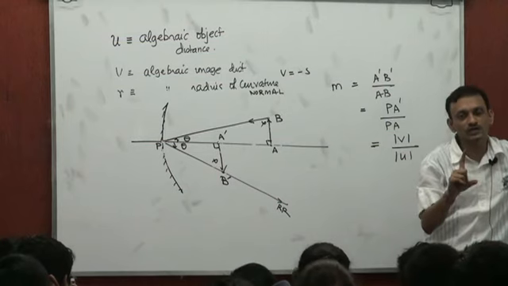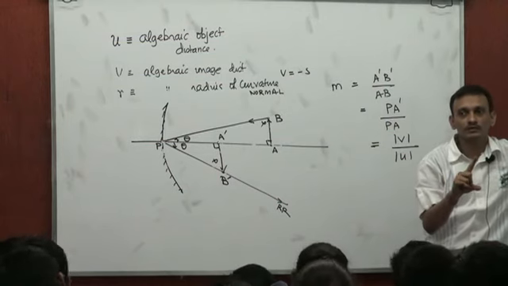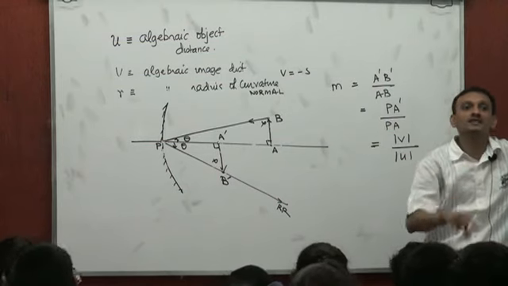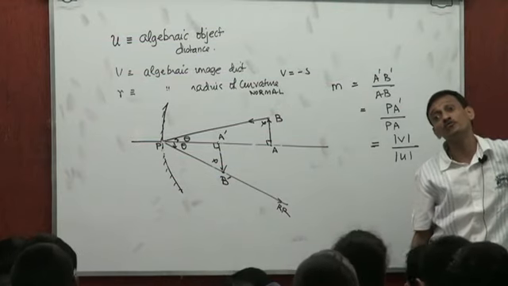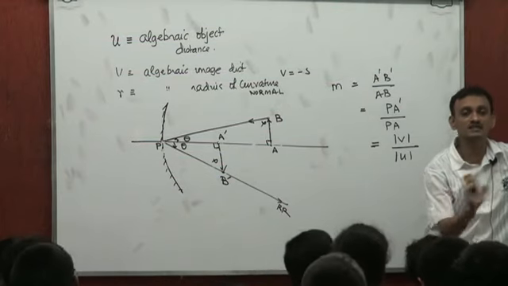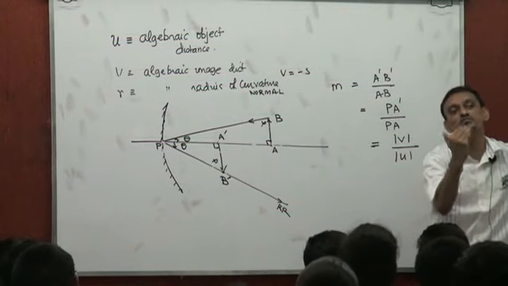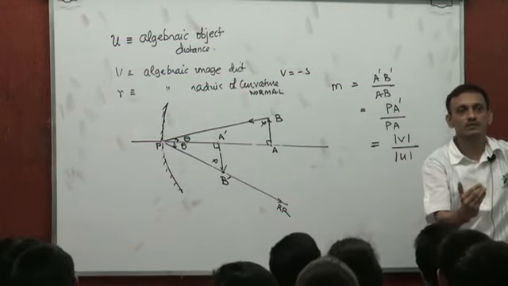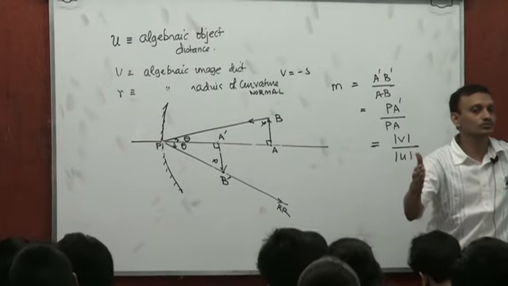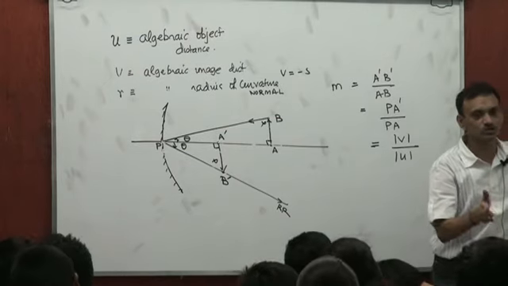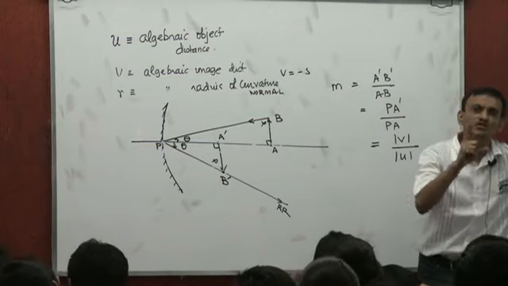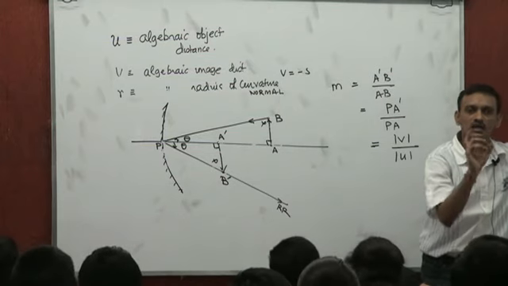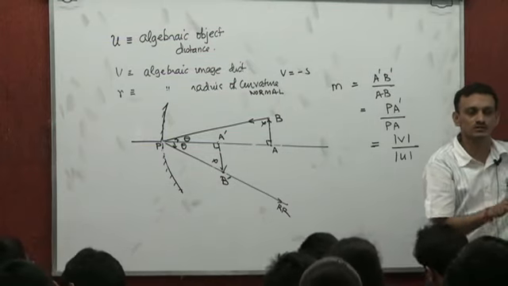So if you're reading a textbook and they write V by U, and they sometimes say magnification is -4, and then the minus is interpreted in a certain manner, then ignore it. That's not what we are going to adhere to at all. Magnification is positive, just the ratio of lengths, size of image divided by size of object, and that's all.